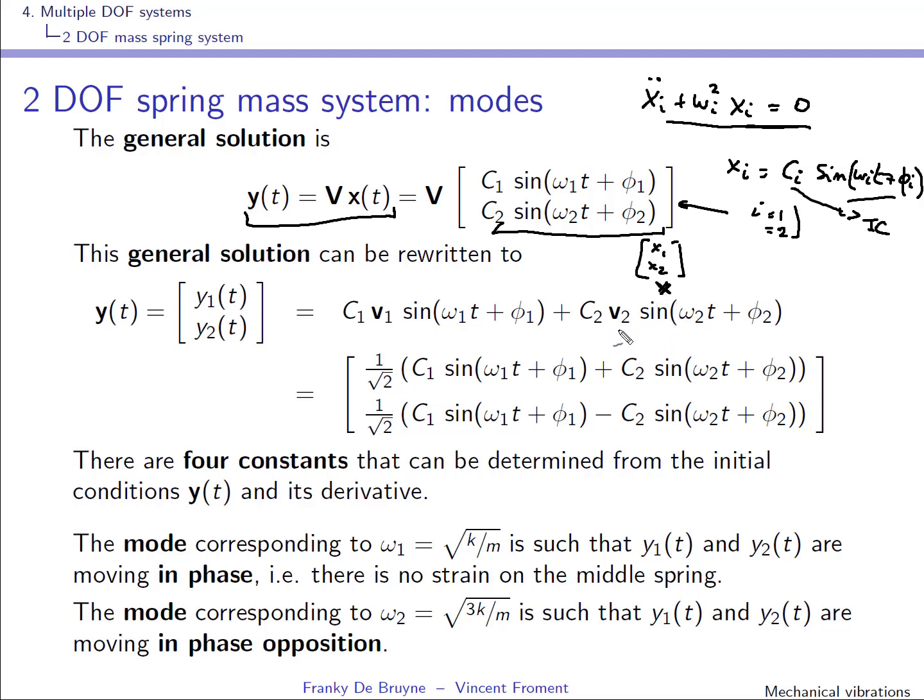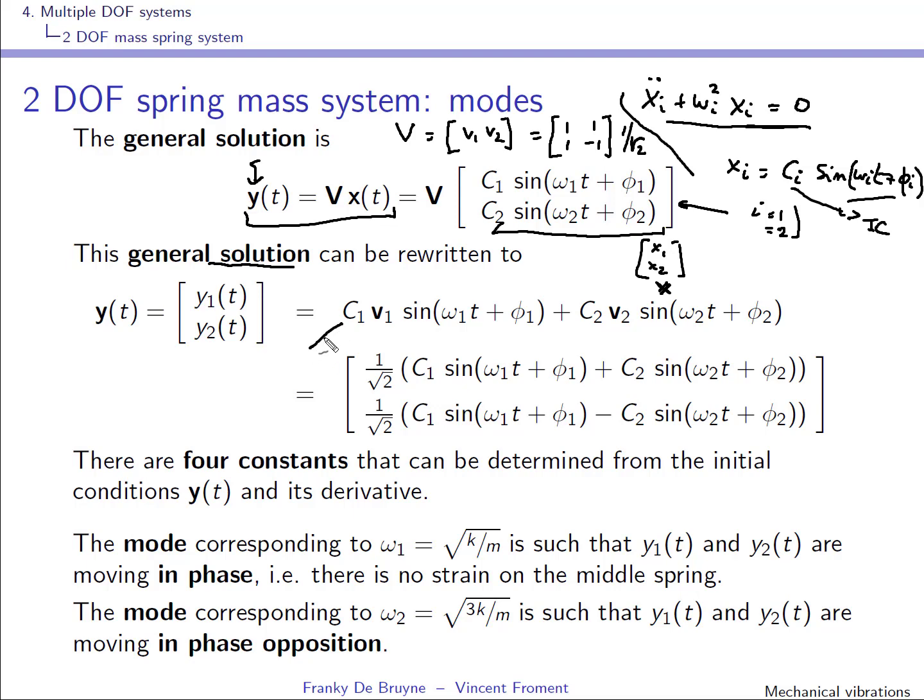We are not interested in our two decoupled solutions, but we are interested in the solution of our original problem, so we need to use this matrix V, and don't forget that V is a matrix where you put the two eigenvectors, and in our case it was simply 1, 1, 1, minus 1, and you had a factor of 1 over square root of 2. Okay, so now you can write your general solution just like this.